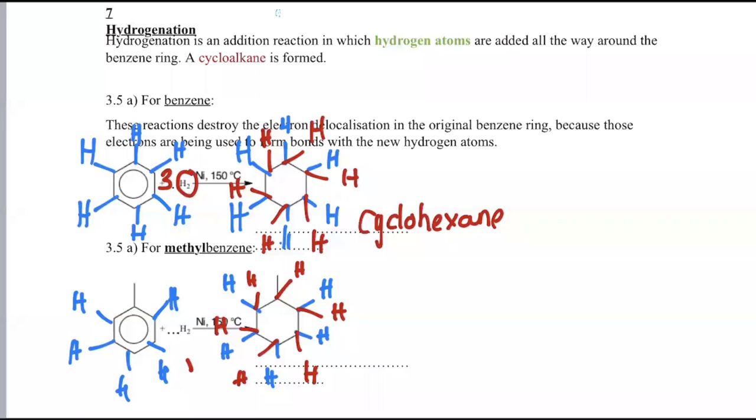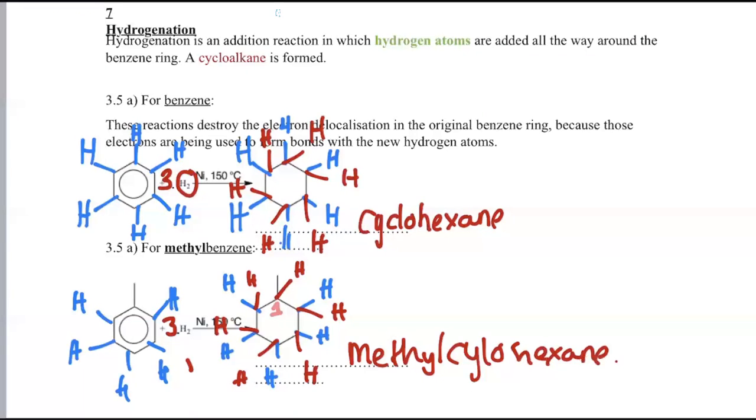That carbon number 1. Take note of that carbon number 1 where it is holding a methyl group, but an incoming hydrogen can also come in, okay? So that means you are also adding 3 molecules of hydrogen, and this is called a methyl cyclohexane.